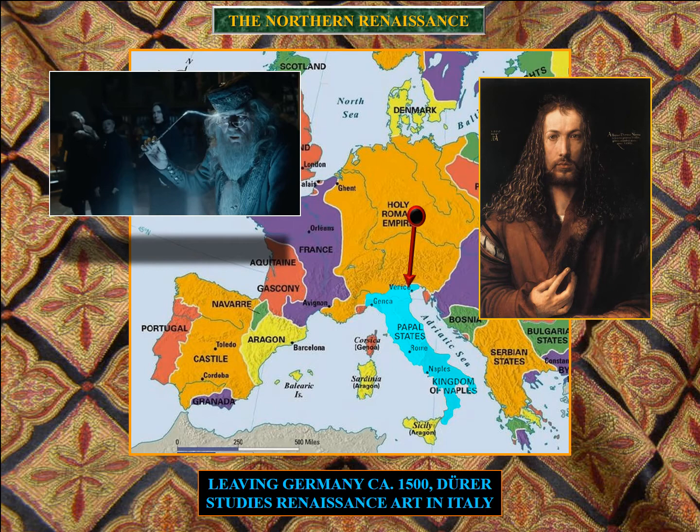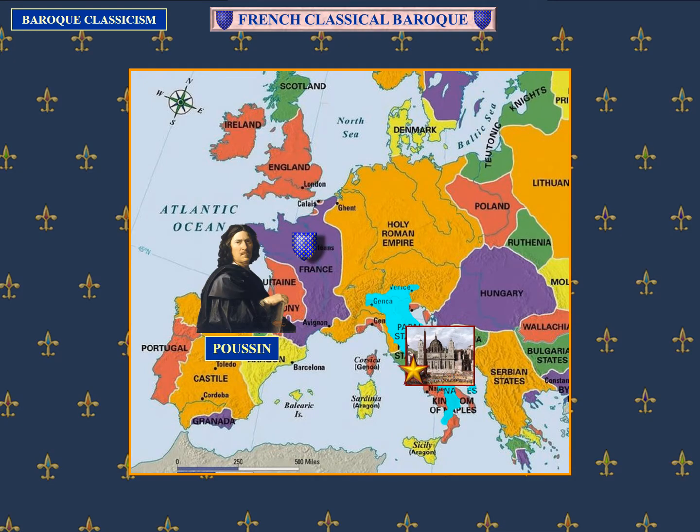And I said to remember that because Dürer has set an important precedent. Well, that's exactly what Poussin did, knowing that he is much out of step with the Italian Renaissance and classical tradition, whose birthplace was there in Italy. He decided to leave his native France and travel to Italy.